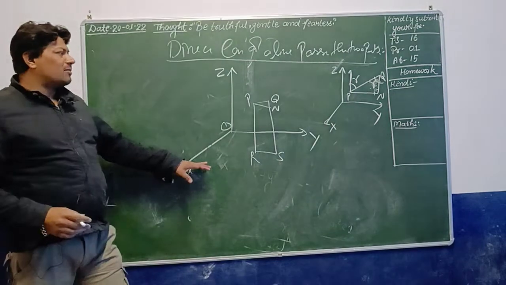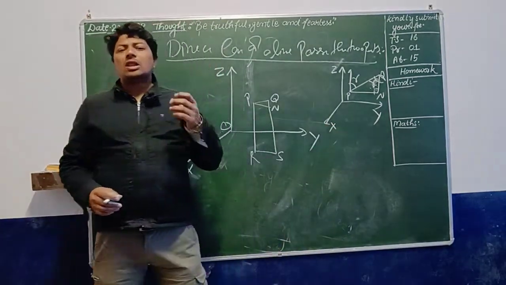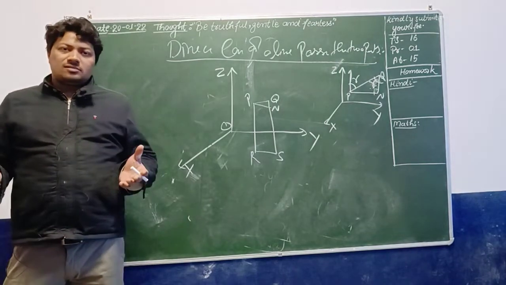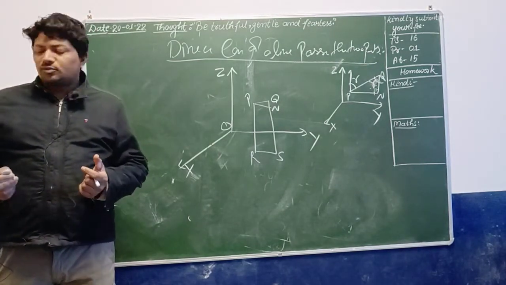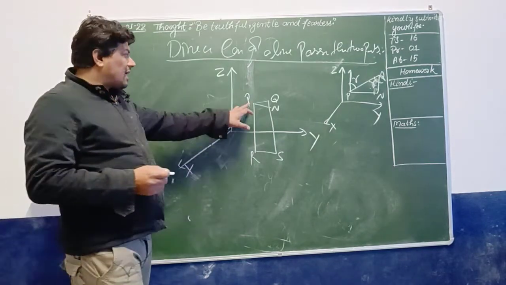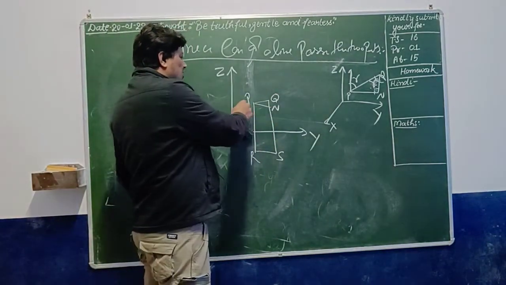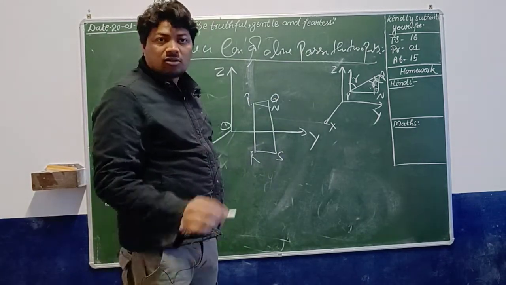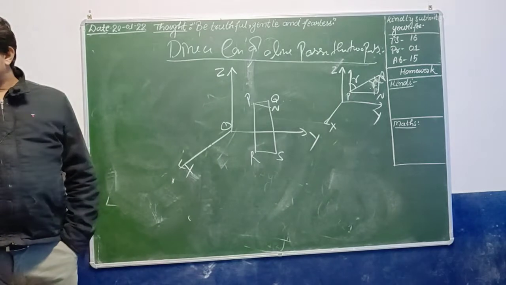We have a diagram A and we have a diagram B. One line is passing through the point x1, y1, z1, and second point is x2, y2, z2. We have 2 points P and Q. Clear? ये एक लाइन है PQ जो पास करी x1, y1, z1, x2, y2, z2. No doubt at all. Now what we will do?